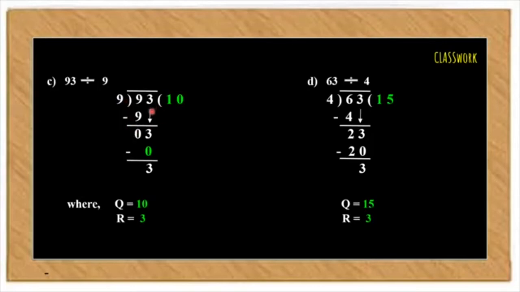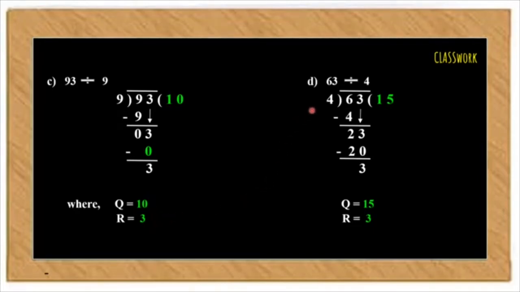We bring down the second digit of the dividend down to write 3. We know, children, 3 is smaller than the divisor 9, therefore we cannot divide it. We write a 0 in the quotient and get the remainder as 3 thereafter, such that the final quotient is 10 and remainder is 3 in this case.